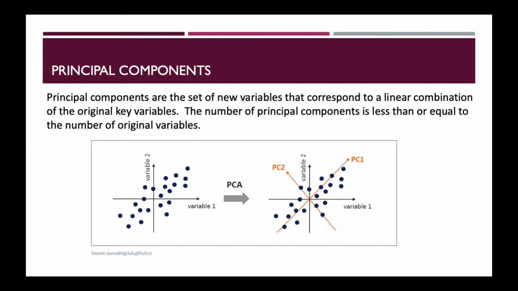Now, if you see the picture here, the plot on the left shows the major variances of the two variables, but it's very difficult to understand how the data points are dispersed. So for that, we have to perform the PCA, and after you perform the PCA, you find two principal components, PC1 and PC2, that show the majority of the variances. If you follow the PC1 direction, you can find the majority of the variables in this direction contributing to the variance of the data set, and the variables contributing to the PC2 component should also be considered for the predictive modeling exercise.